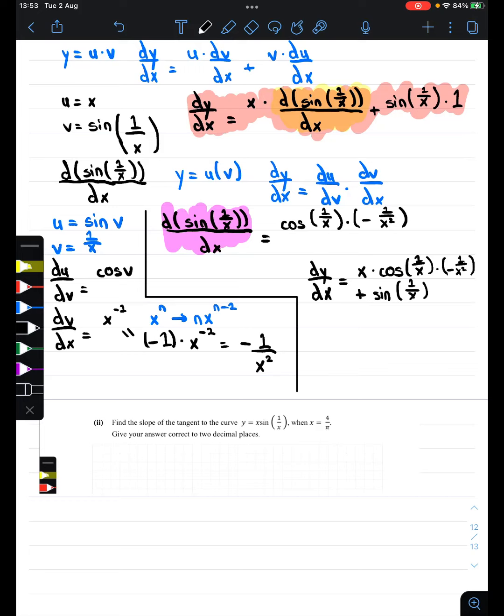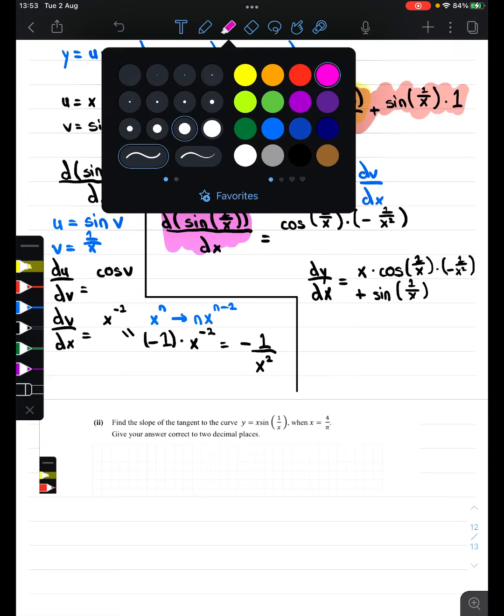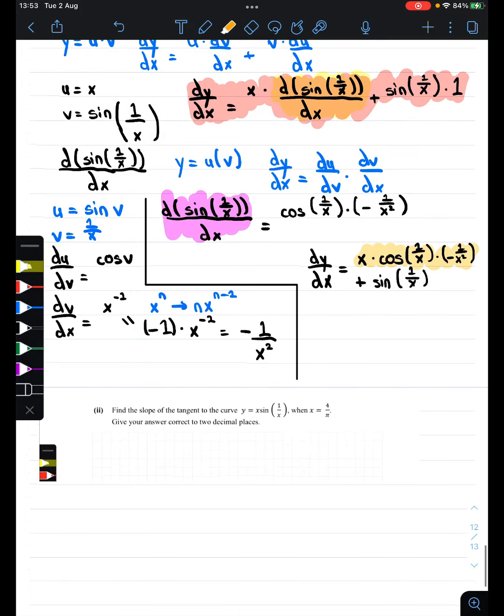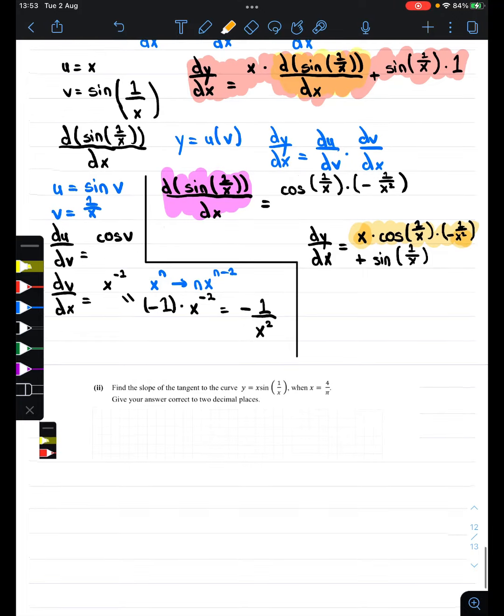Okay, and so in this first term, this x here is going to cancel with one of the x's in the denominator here.